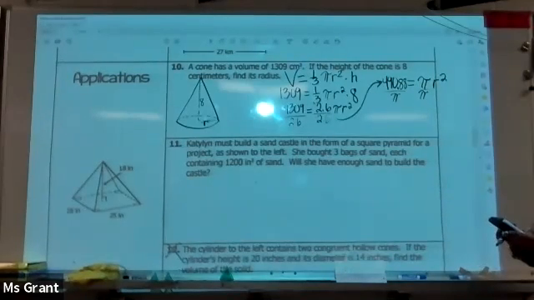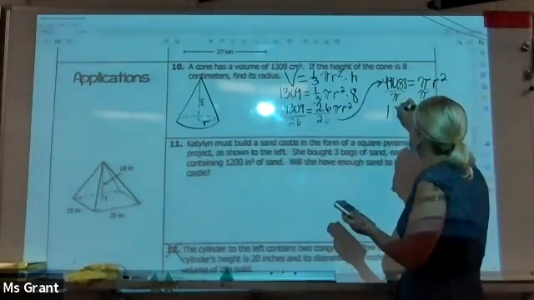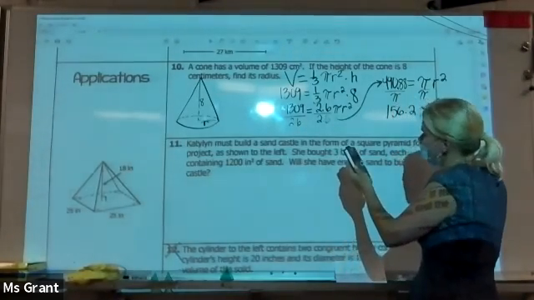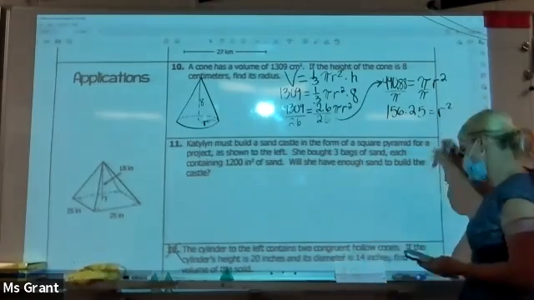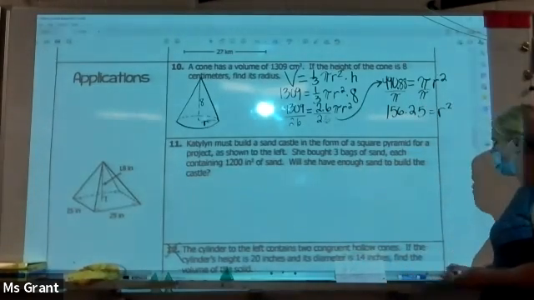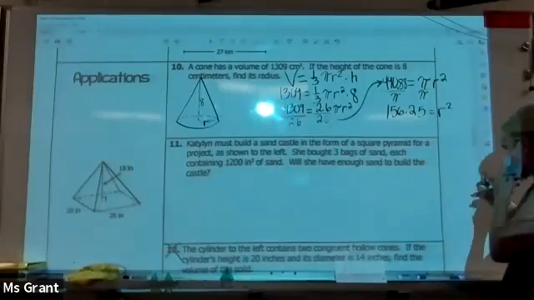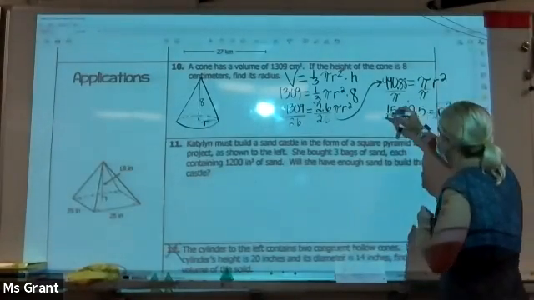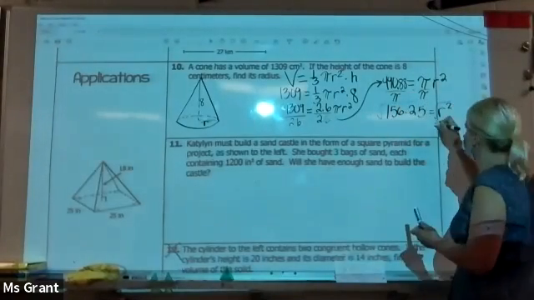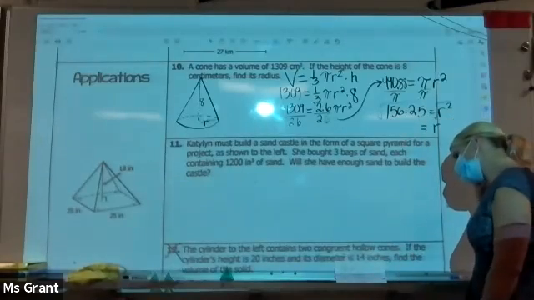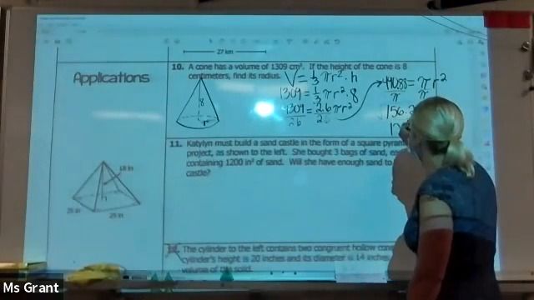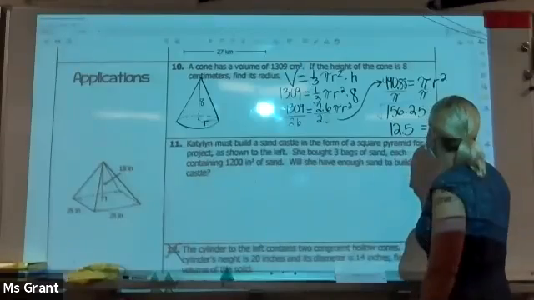I made a mistake because I created more work for myself, but my answer is going to end up being the same. And then square root both sides. 12.5 is my radius.